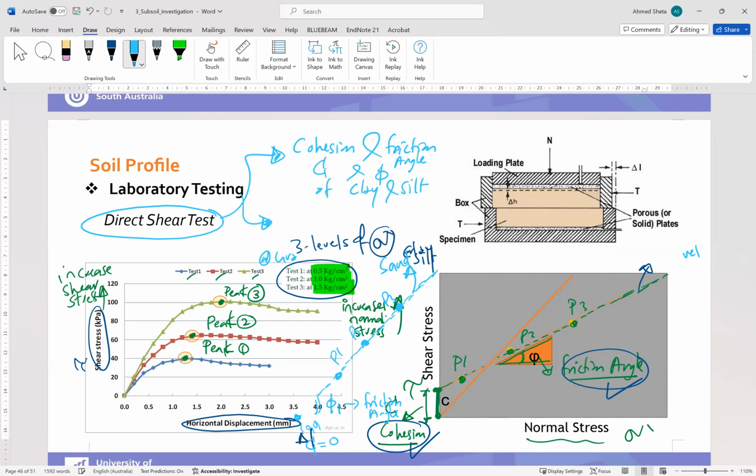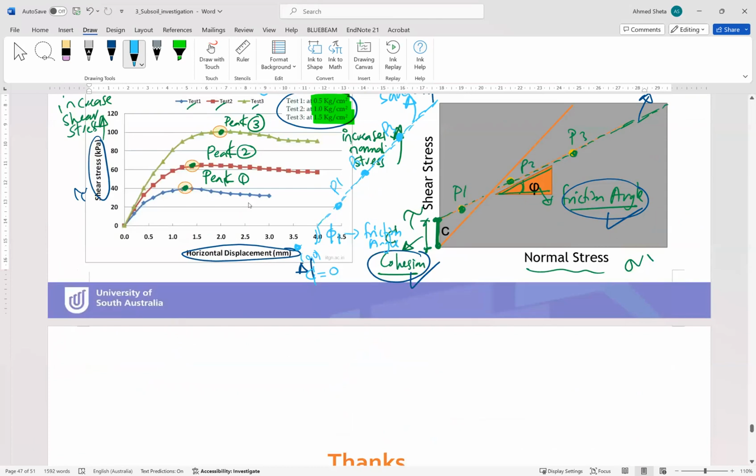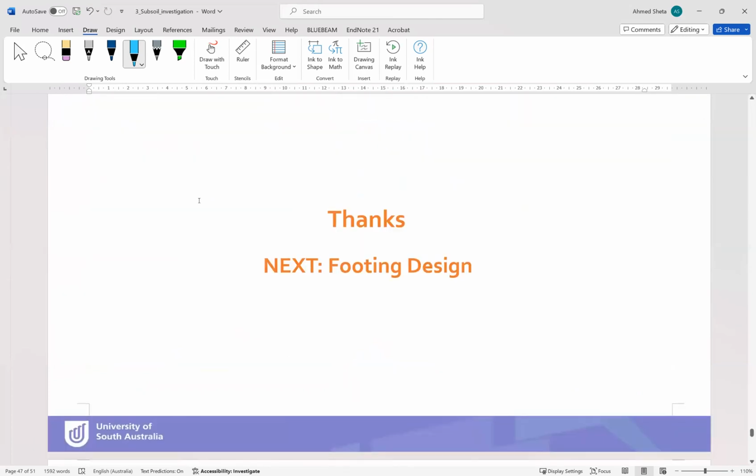And it is also important to find the friction angle phi for sand and gravel. Okay, so this test is important, and you can have a look at the YouTube video to see the details of this test.